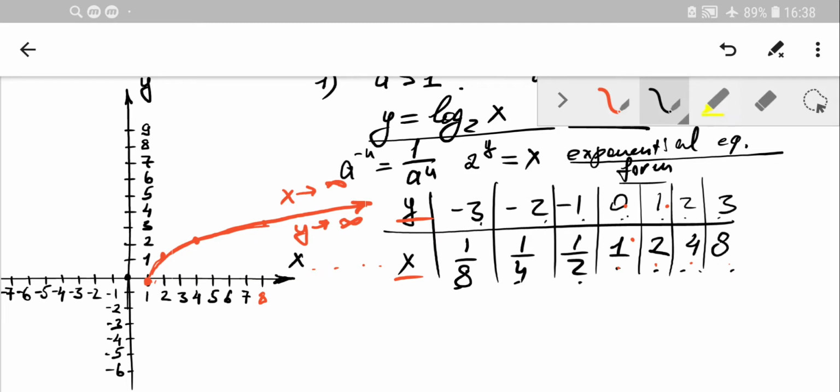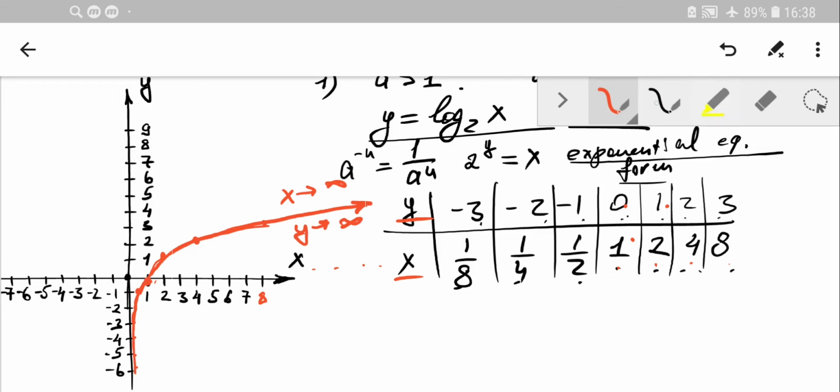All right, what if you have negative values for y? -1, -2, so we'll have the following set of points. When y is -1, x is 1 over 2. When y is -2, we get x equals 1 over 4. So we get every time very close to the y-axis, but we never touch it. That's why your curve will go on very close to the y-axis but never touch it.